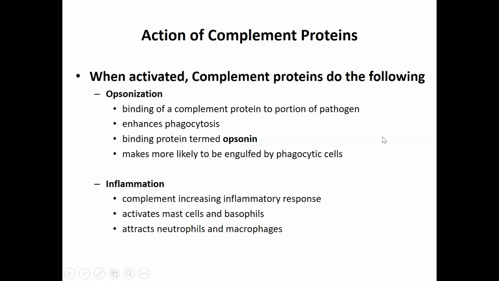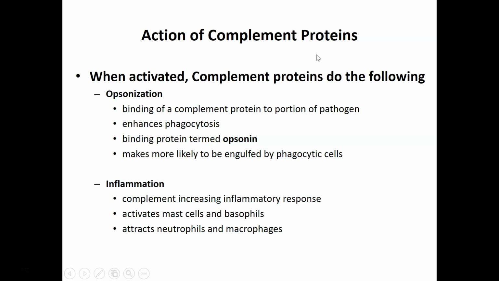If it's a bacterium, the complement proteins latch onto it, basically paint it with these complement proteins. What does that do? That serves as a signal for phagocytes, macrophages, neutrophils, dendritic cells to take up this coated pathogen. Okay, so opsonization coats the pathogen with complement proteins and makes phagocytosis much more likely.